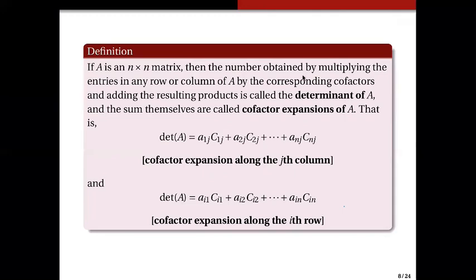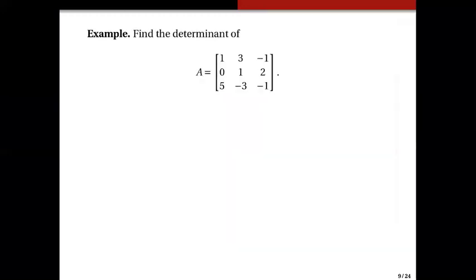So to understand this more, we will look at an example. For example, this guy here. We want to find the determinant of this matrix: 1, 3, negative 1, 0, 1, 2, 5, negative 3, negative 1. So for example, let us use the first column in here. Okay?